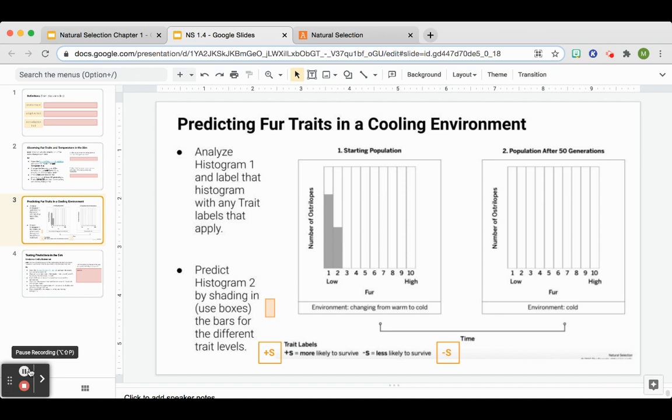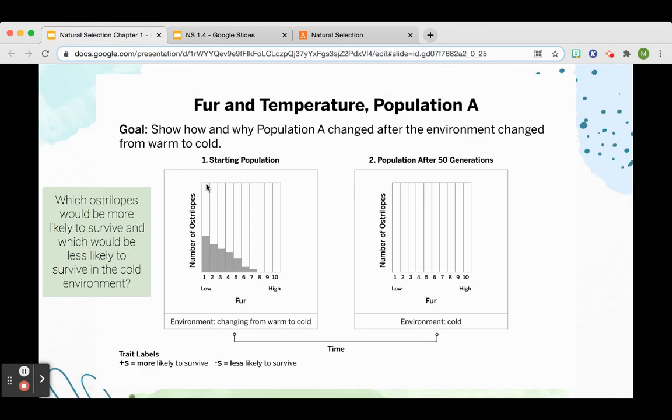Coming down here, I'm actually going to show you an example of this. Sorry about that. So I'll show you an example of this one first. This is a different starting histogram. This one starts with a lot of low fur and slightly increasing to get to, say, around a middle amount of fur.